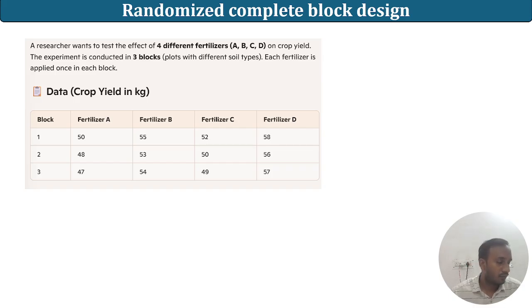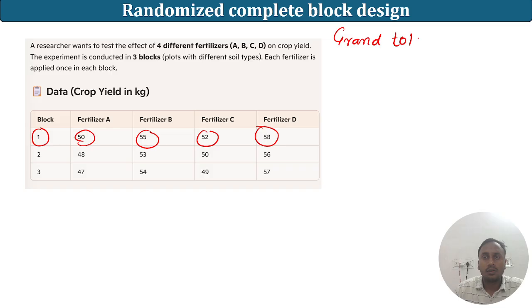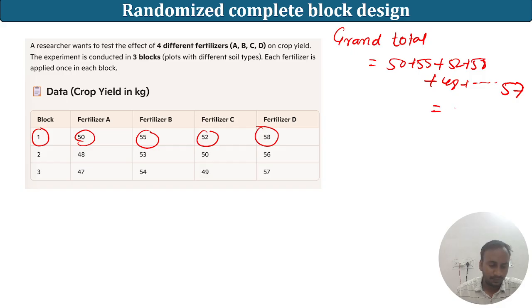Yes, sir. Okay. So for block A, we have 50, 55, 52, 58. Similarly, we can now calculate the grand total. How much will it come? Summation of 50, 55, 52, 58, 48, till 57. Let's say it's 629. So the first step is SST. What will be there?